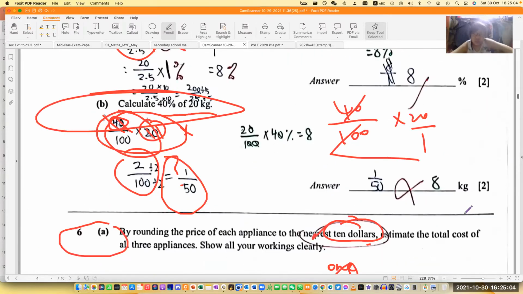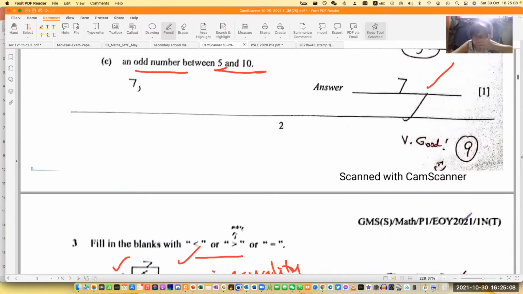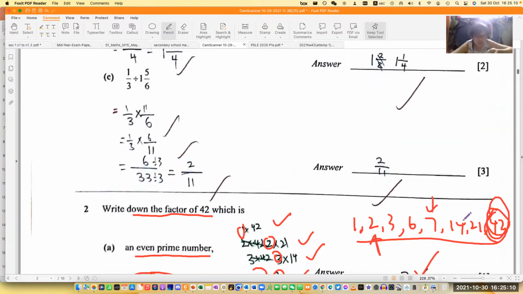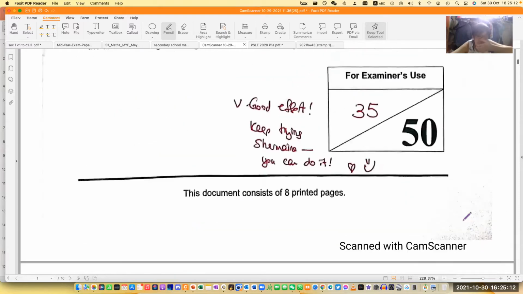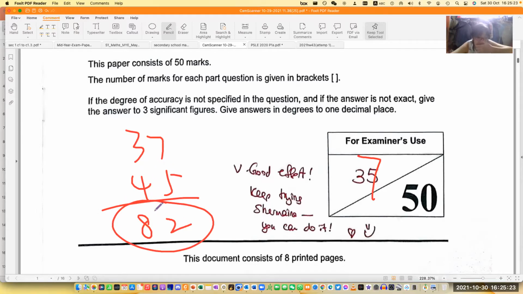So over here, minus about 2 marks. So you're supposed to get 37. So 37, 45. This is what? 82. Easily you get 82.